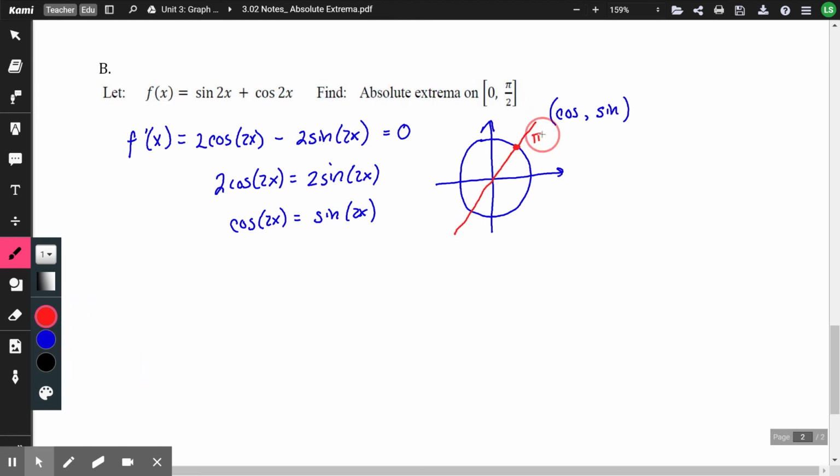And that is occurring at the angle of pi over 4 as well as 5 pi over 4. Now, because this is cosine of 2x and sine of 2x, remember that 2x is going to be your pi over 4, and 2x is going to be your 5 pi over 4. So when solving for this, we come up with pi over 8 and 5 pi over 8.